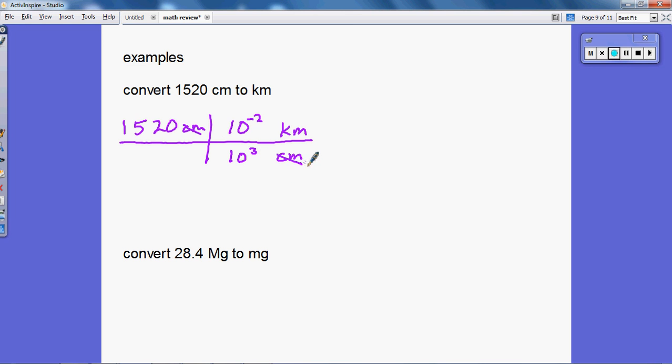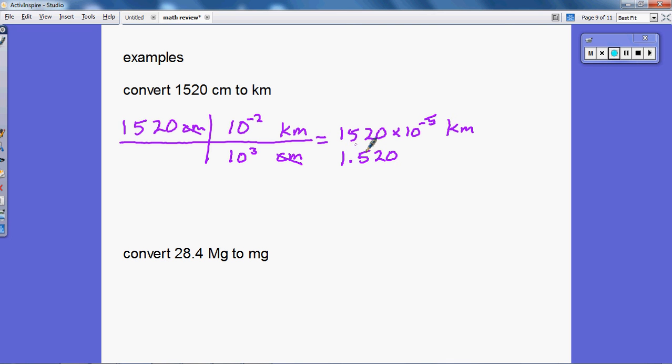I'm now ready to complete my conversion. I have 10 to the negative 2 divided by 10 to the third, which is to say 10 to the negative 5 kilometers. Writing this in proper scientific notation, 1.520.